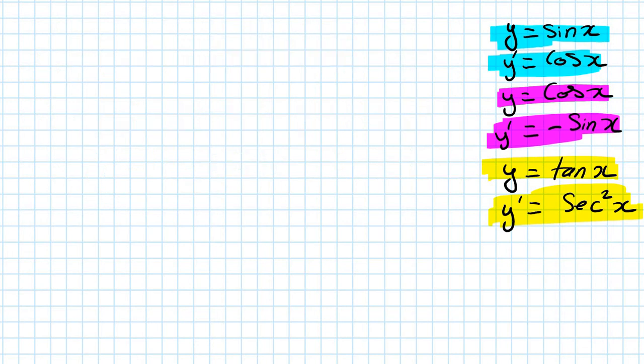Let's do this one here. So y is equal to cos of sine x. For this one, there are two ways to do it. I'm going to do it using the chain rule for differentiation, and then after that I'm going to quickly get to the answer, so I'm going to do both ways for you.